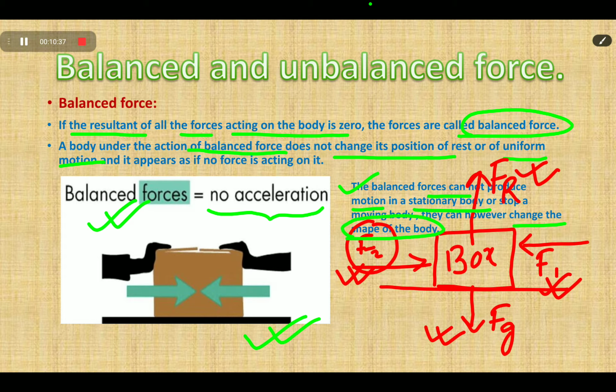For example, when a balloon is pressed between the hands, equal and opposite forces act on the balloon, and due to these forces the balloon changes shape, but it does not change its state of rest. So the balanced force cannot change the state of rest or of uniform motion, but it can change the shape of the body.